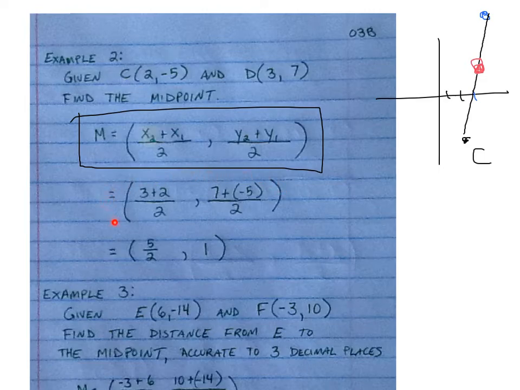This is an ordered pair, and I simplify the ordered pair to be 5/2, 1. So the location of that red dot is actually 2.5, 1.